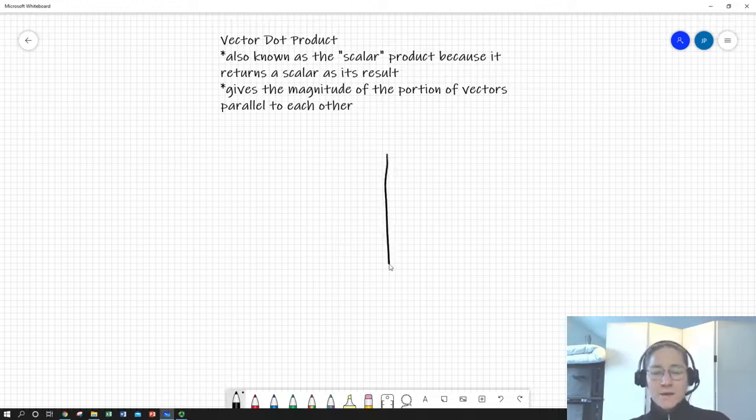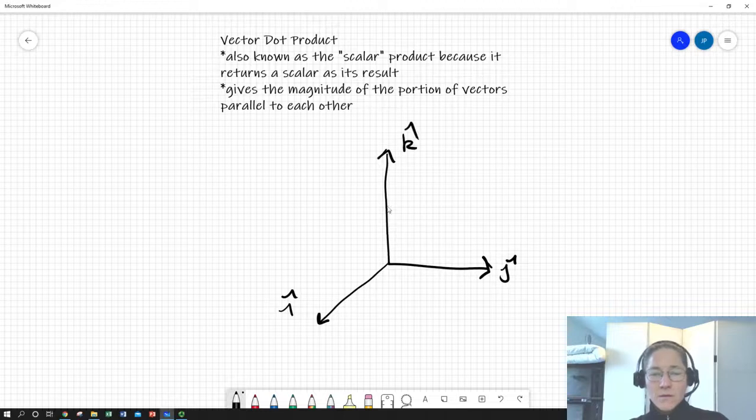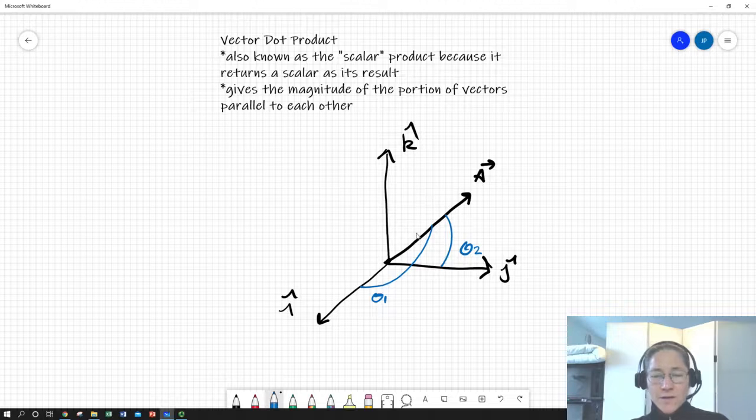If we had a vector, vector A, and it is making different angles with the actual coordinate axes, we can define the direction cosines as the cosines of those angles that the vector makes with each of the coordinate axes.